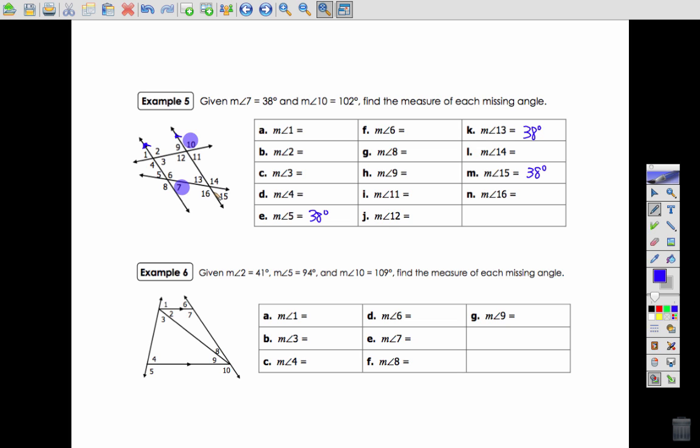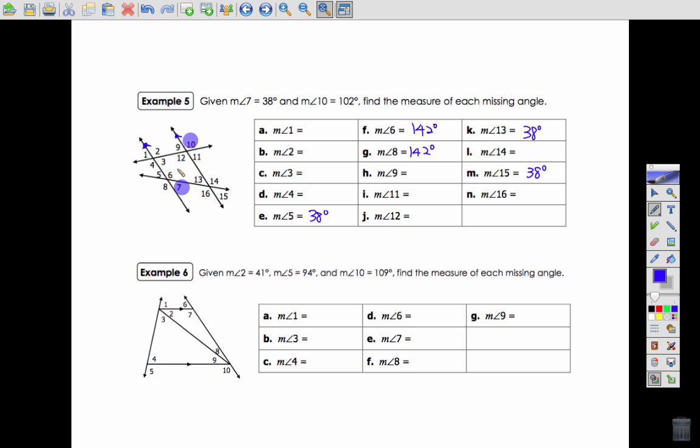Next, let's go back to number 7. If 7 is 38, angle 8 must be 180 minus 38, which is about 142, I believe. And if angle 8 is 142, angle 6 is a vertical angle with angle 8.